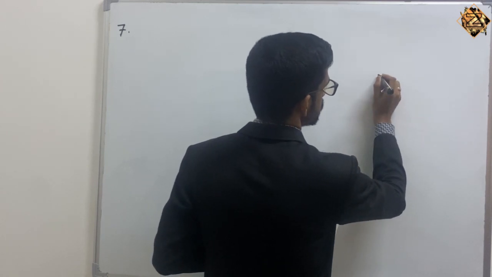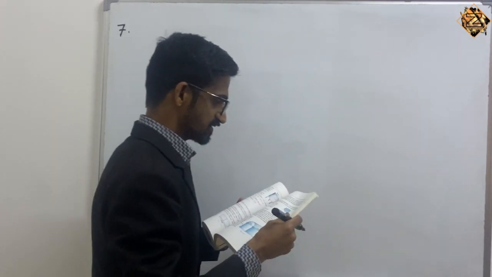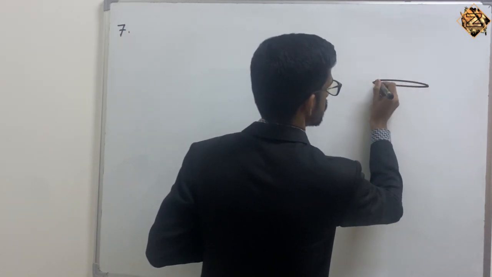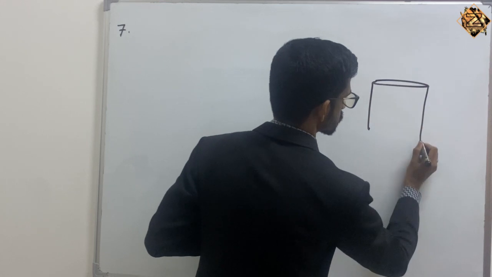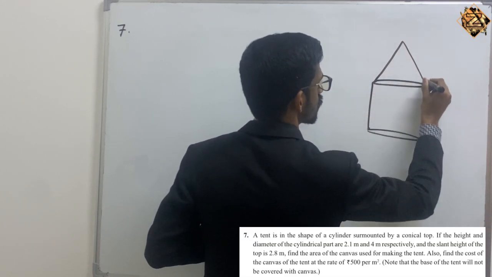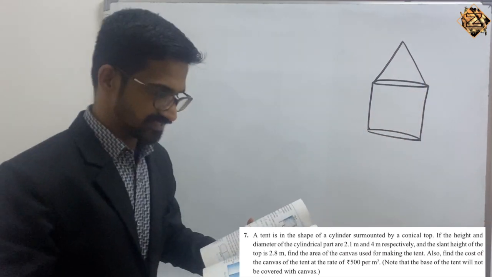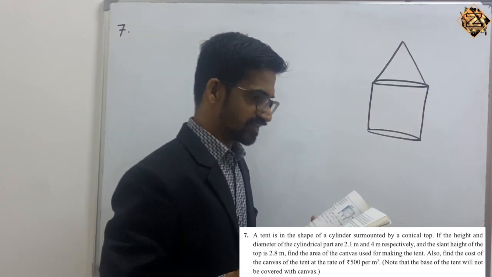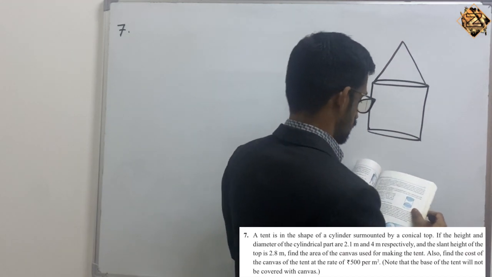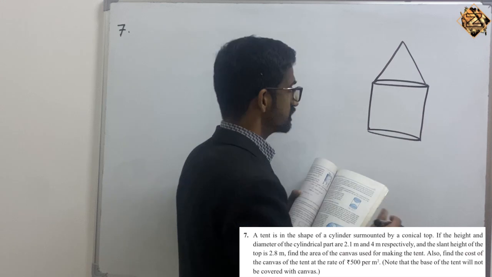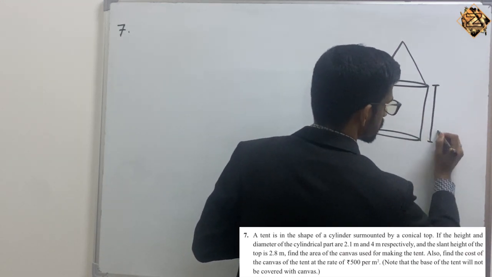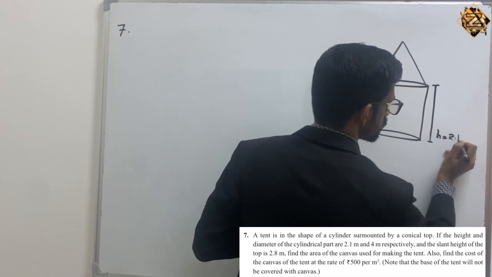So here in the question it is given a tent is in the shape of a cylinder surmounted by a conical top, isn't it? This is the shape of a tent. And the dimensions are given: the height of the cylindrical part is h equal to 2.1.